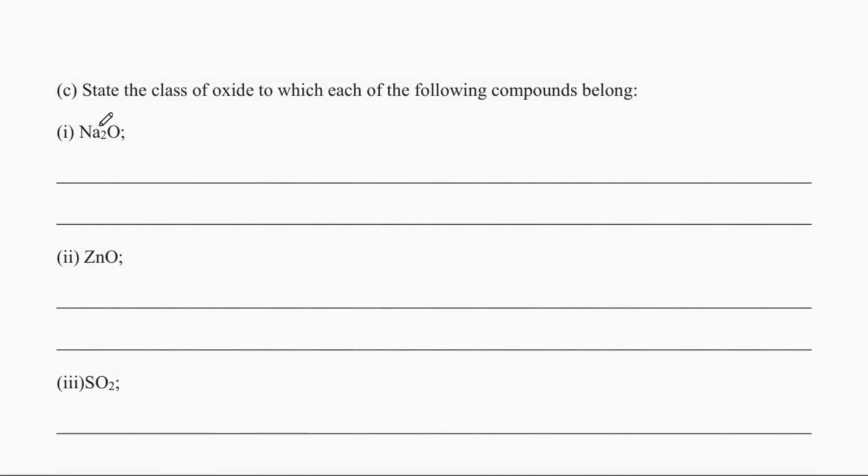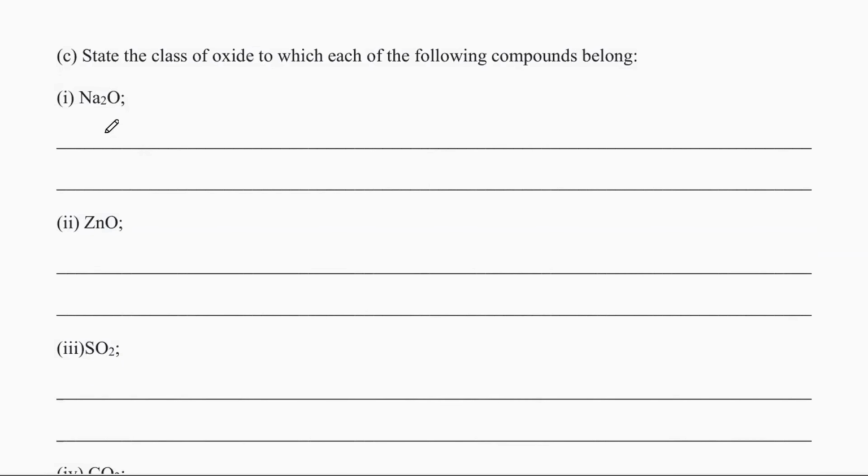The next question says, state the class of oxide to which each of the following compounds belong. So we have sodium oxide. Sodium is a metal. Okay, and earlier I said metallic oxides are basic oxides. And the next is zinc oxide.